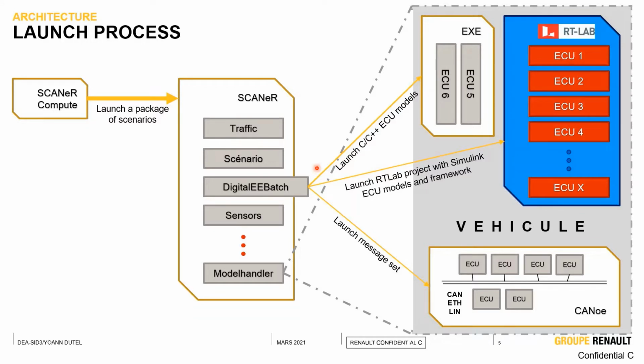In scanner, our car is simulated by the model handler, and behind the model handler we have our vehicle, simulated with our ECU models inside RTLab or as executable, connected to Orchestra, like I said earlier, and the simulation of the network.